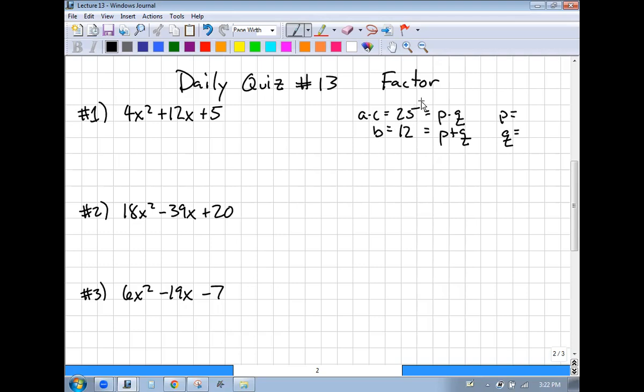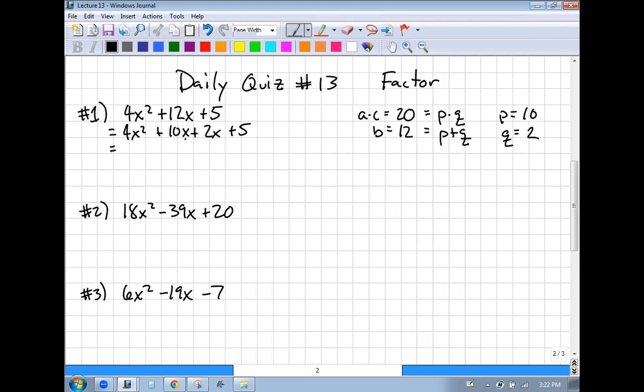This is not 25. 4 times 5 is 20. There we go. Two numbers that multiply to give us 20 but add to give us 12. That would be 10 and 2, right? That works. So we can take this 12x and write it as 10x plus 2x. Or you could write 2x plus 10x, it doesn't matter.